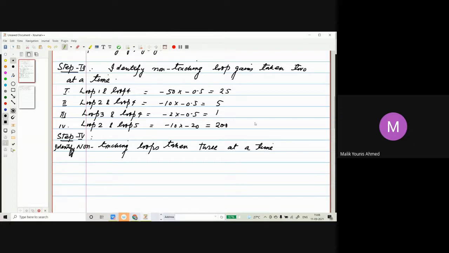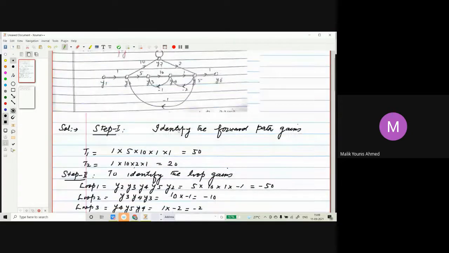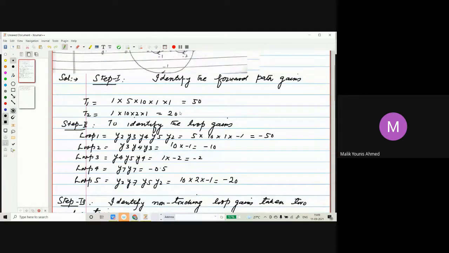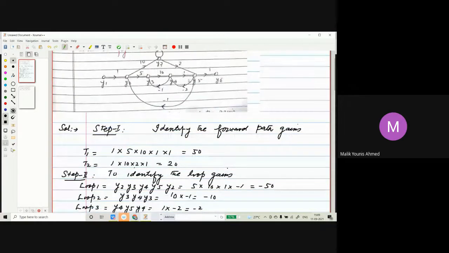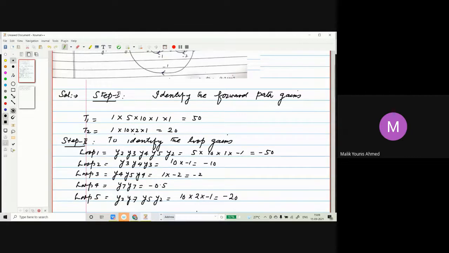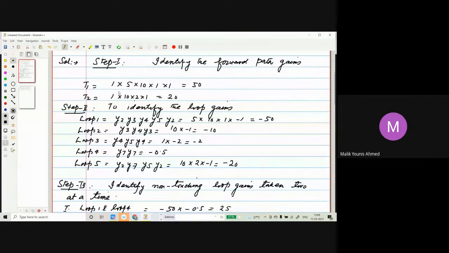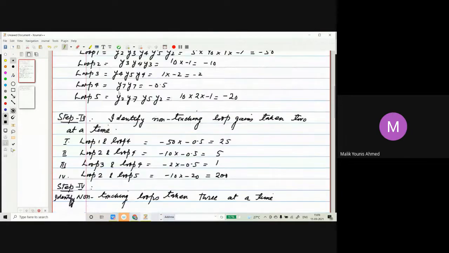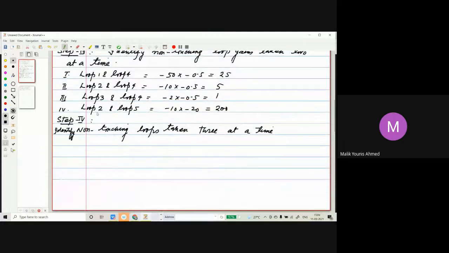So we need to identify this. None. You can see because second, third, fourth, they are all touching. First, second, third, and fourth, they are all touching. So when they are touching, there is no possibility of non-touching loops taken 3 at a time. So we can write here completely none.